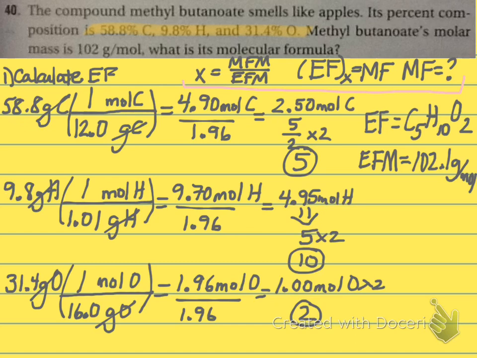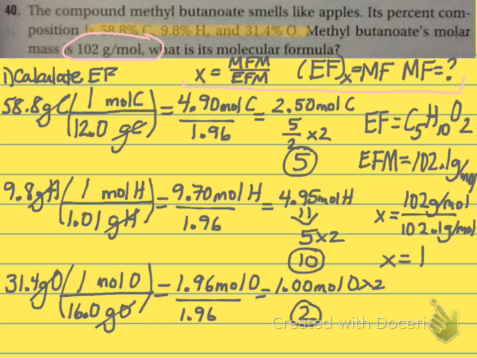Now I need to find this multiple. So my molecular formula mass that they gave me in the problem was 102. The empirical formula mass I just calculated was 102.1 grams per mole, right? Which means my X is 1.